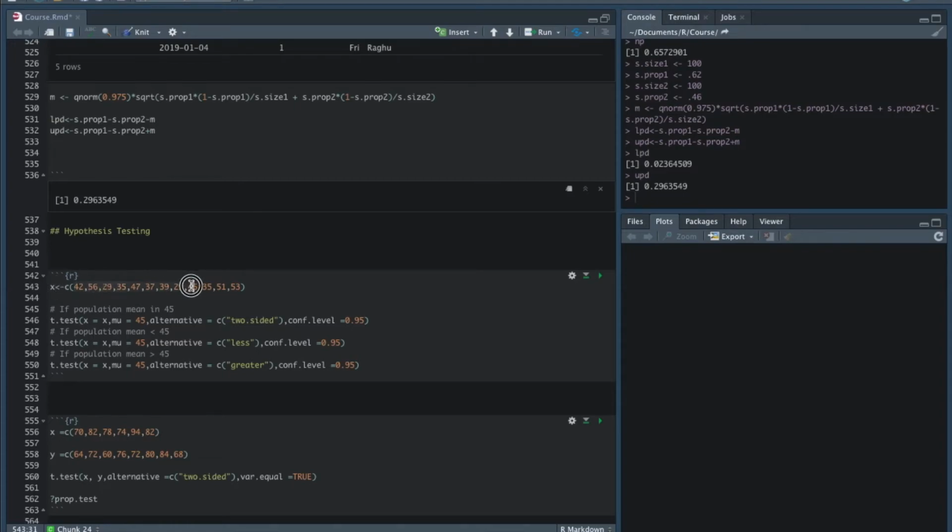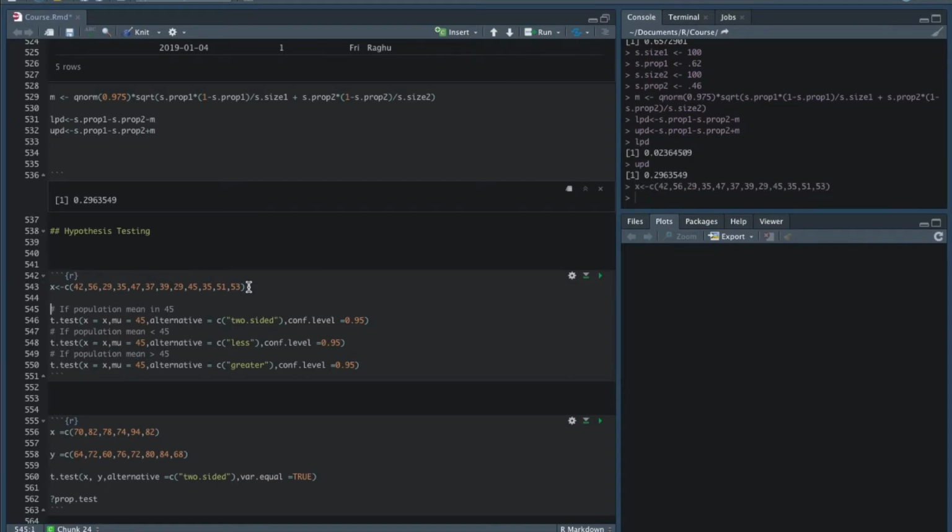Now we want to understand if the population mean is 45. So what is the null hypothesis? The null hypothesis will be mean equal to 45, and the alternative hypothesis will be mean not equal to 45. To test the null hypothesis, there is a function called t.test.